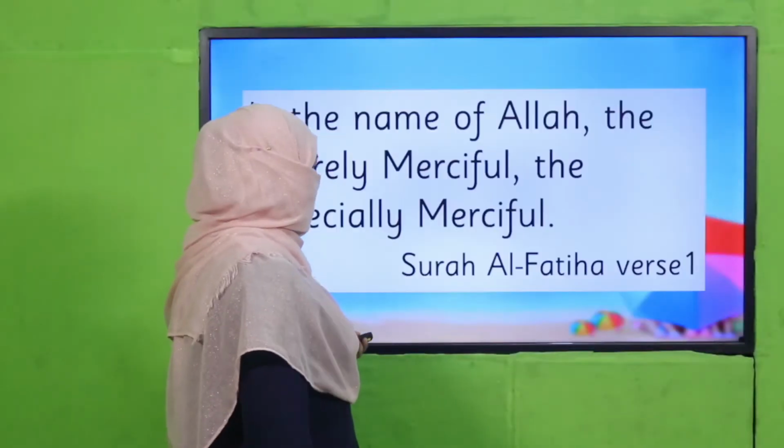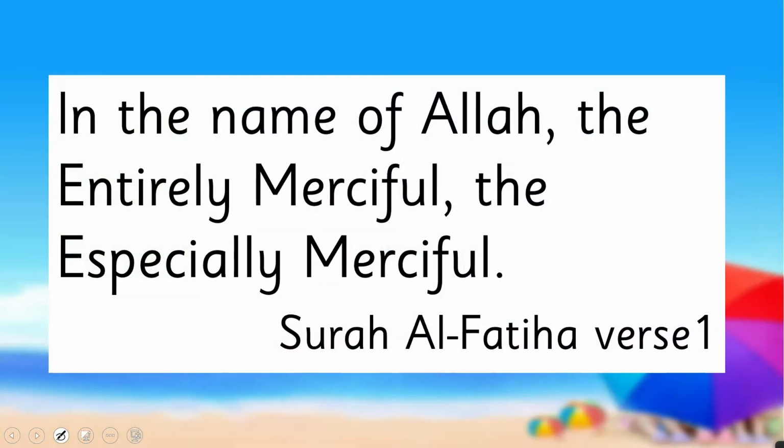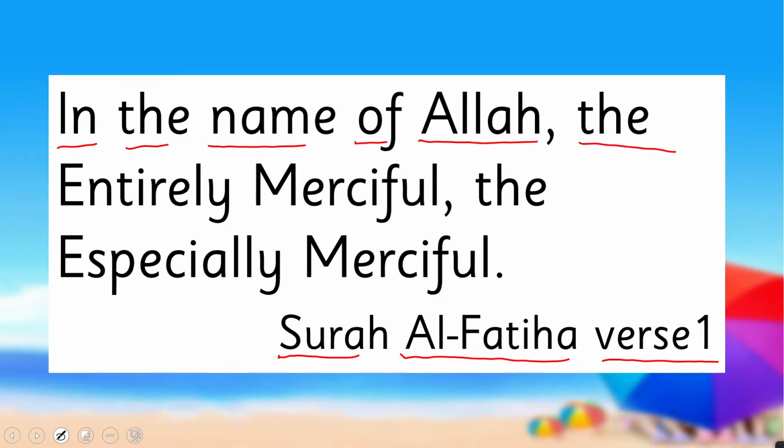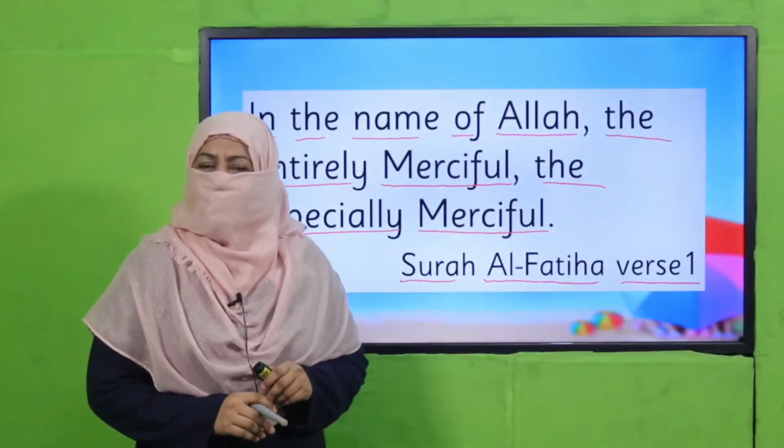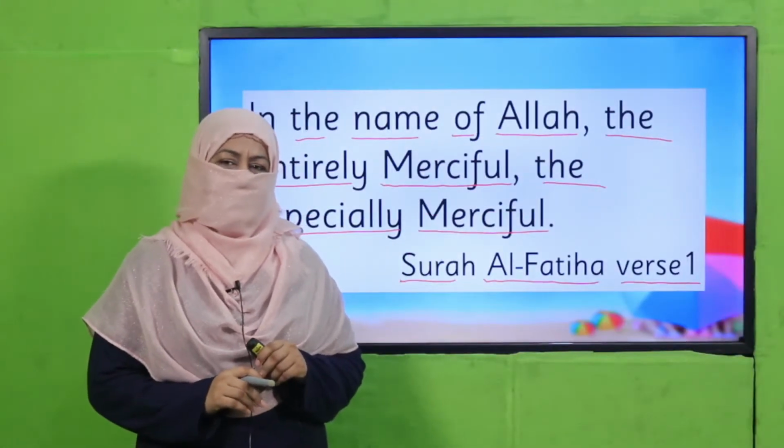Let's start with the name of Allah subhanahu wa ta'ala. Allah mentions in Quran Surah Al-Fatiha verse 1, in the name of Allah, the entirely merciful, the especially merciful. Yes, my dear children, what is this beautiful verse telling us?